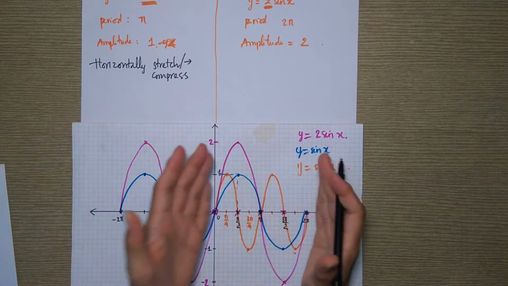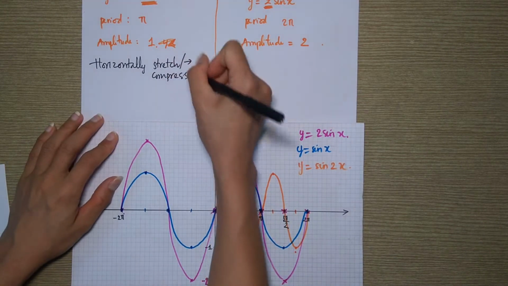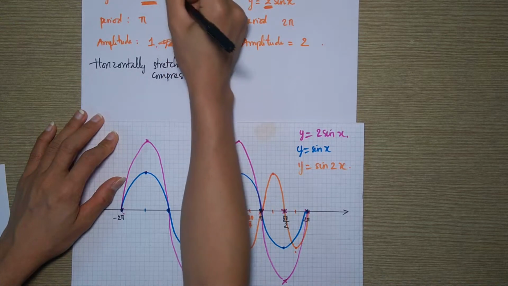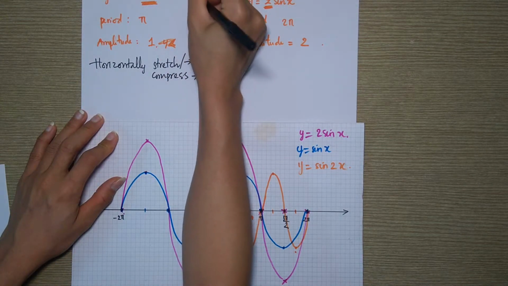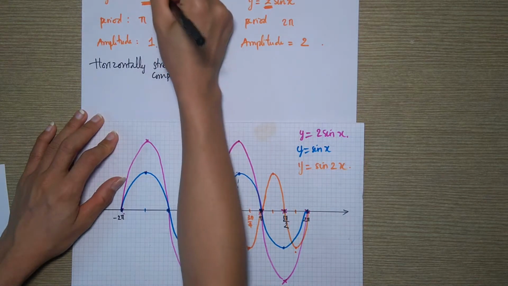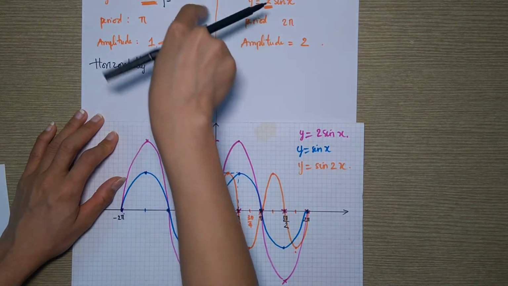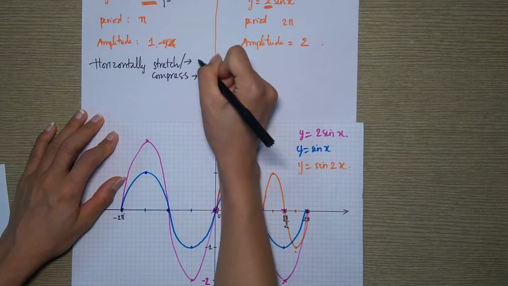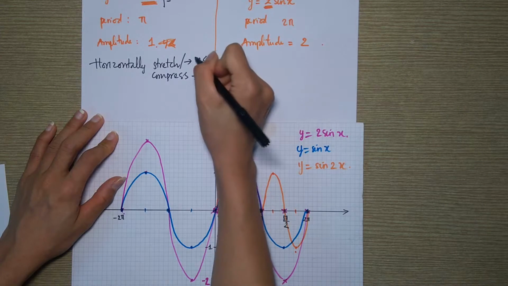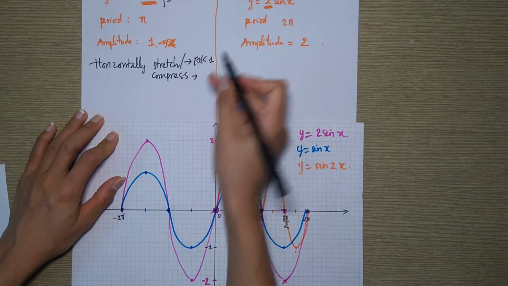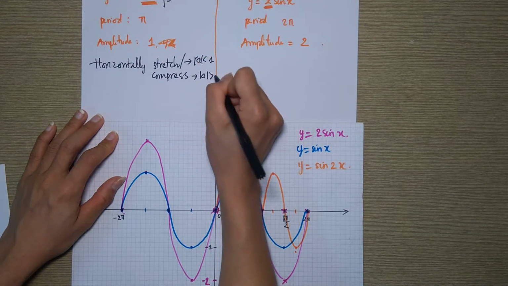So the period is divided by 2. If you have y equals sine ax, then it is a stretch if a is less than 1 and a compress if a is greater than 1.